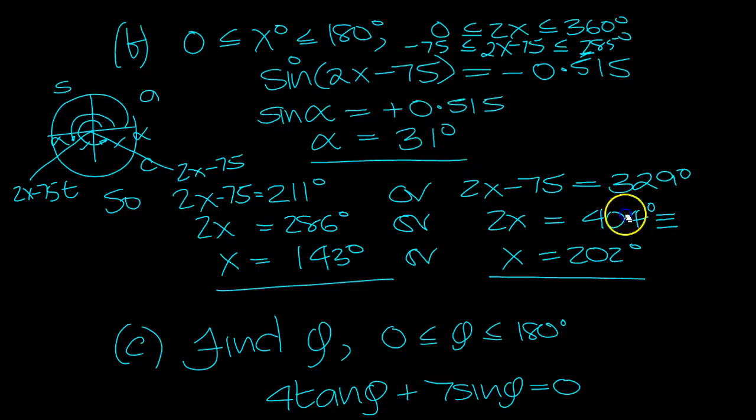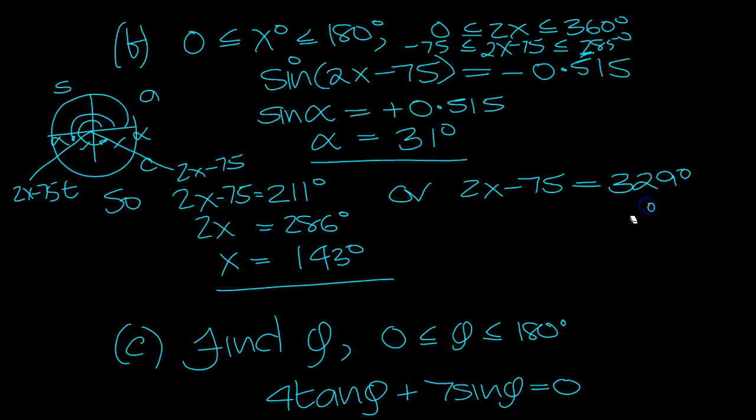So I'm going to scratch this. And 329 is outside range, because the 2x minus 75 can only go up to 285. The equivalent here, if you take 360 off, you get minus 31 degrees.